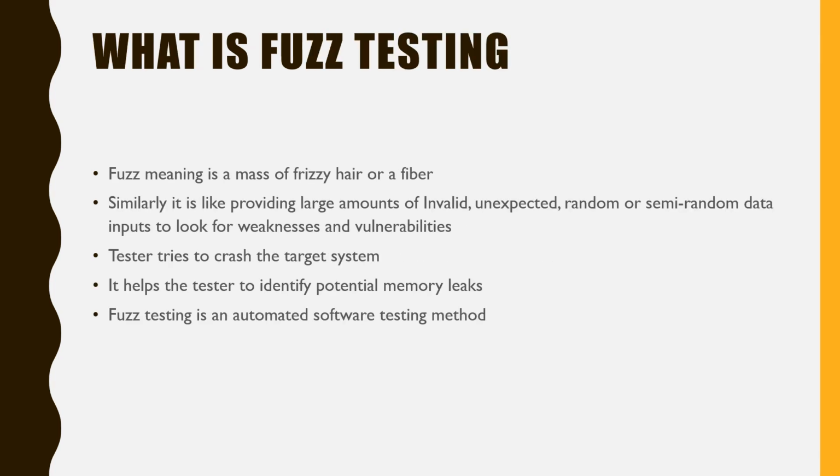Fuzz means a mass of frizzy hair or fiber; this is the literal Oxford meaning. What we can relate is frizzy hair or fiber in a mass, which means it has multiple random connections.